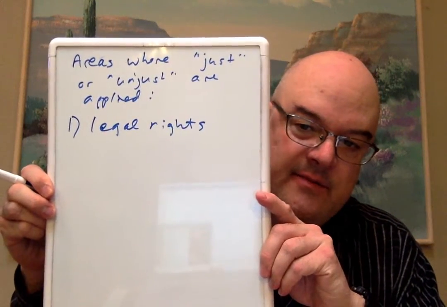First, in paragraph 5, he says, it is just to respect and unjust to violate the legal rights of anyone, to deprive anyone of personal liberty or property that belongs to him by law, unless they have forfeited these rights. So that's the first area: the area of legal rights.